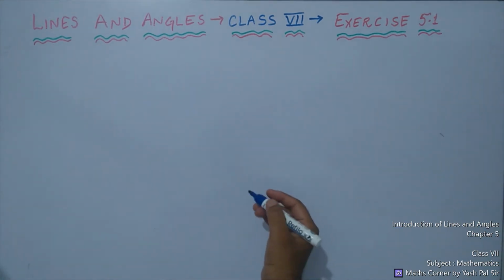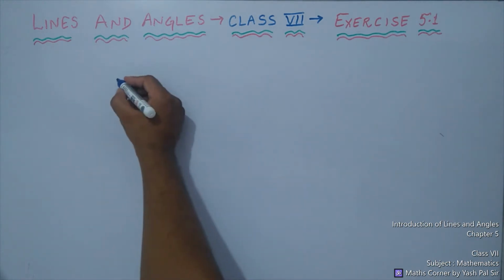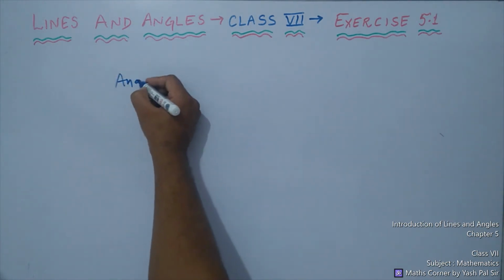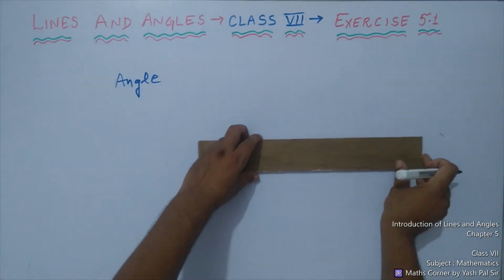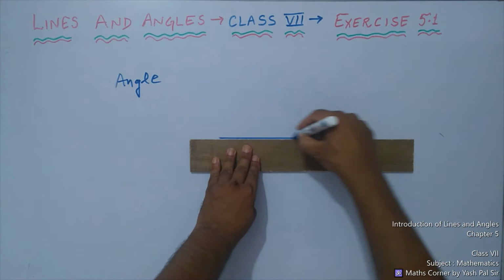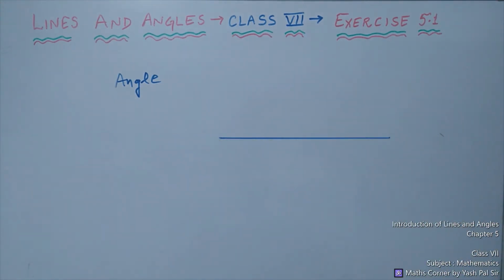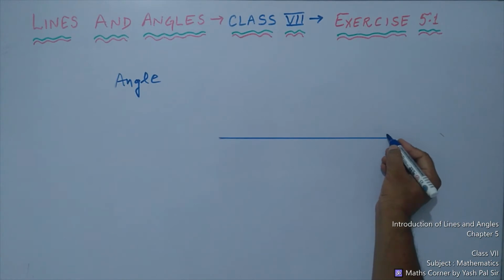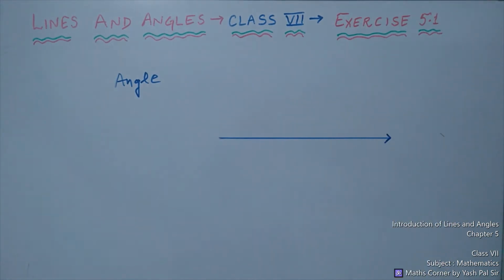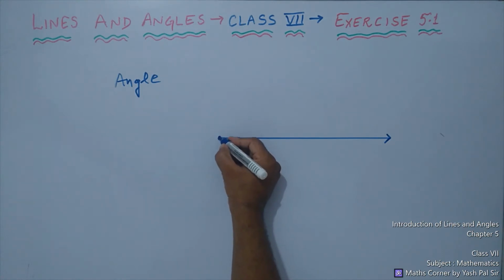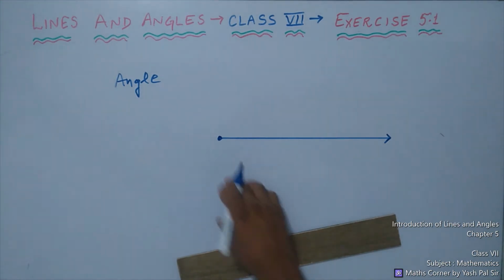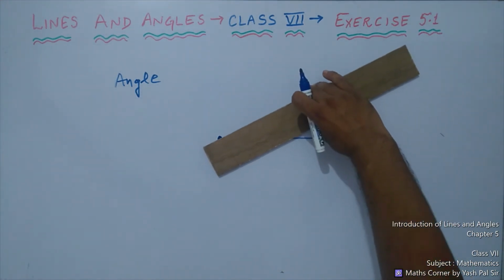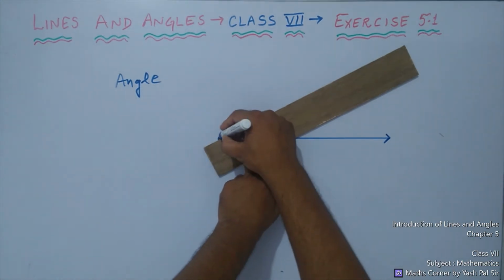Next, a very important part of the chapter is about angle. First of all, the introduction of angle. What is an angle? Suppose we have any line or any ray or any line segment, and suppose this is the ray. Now, from the initial point of the ray, there is another ray.